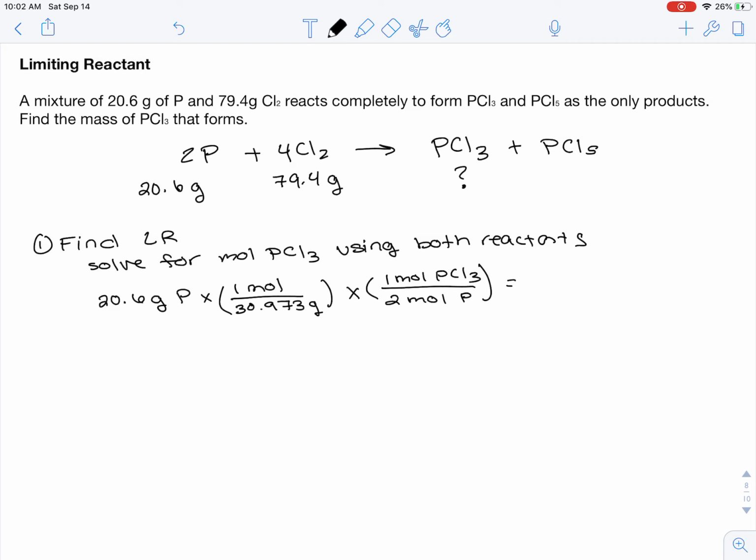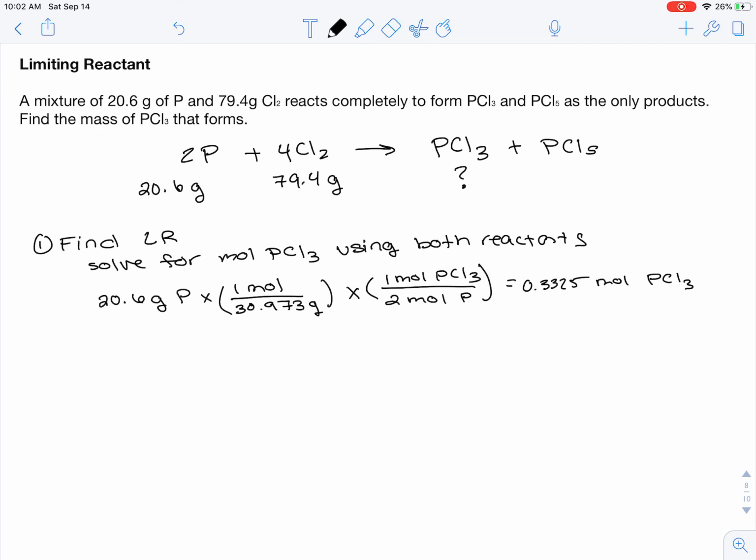And since I'm staying in moles here, I'm going to stop right there and find how many moles I produce of phosphorus trichloride from phosphorus. So 20.6 divided by 30.973 divided by 2 moles of phosphorus is 0.3325 moles of phosphorus trichloride. Not worrying about significant figures because I'm not at my answer yet.